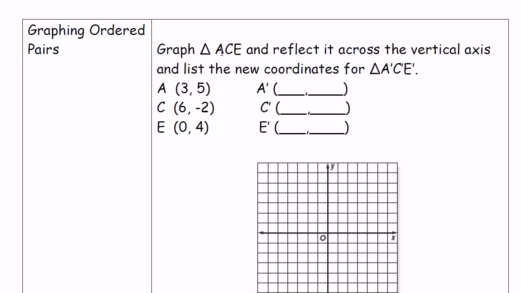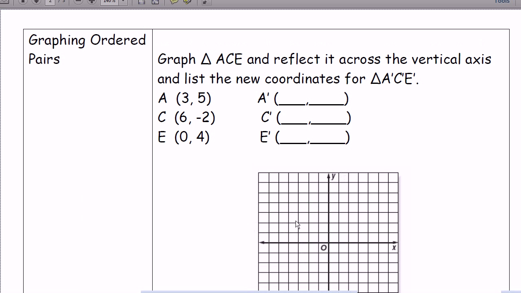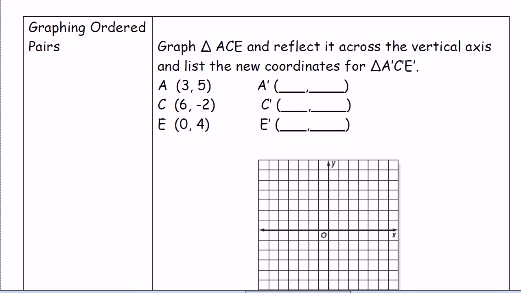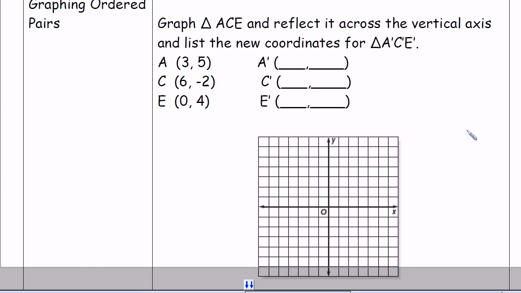It says here to graph triangle ACE and reflect it across the vertical axis, and then list the new coordinates for ACE. So let's go ahead and do that. A is going to be located here at 3, 5, so 3 to the right, and then up 1, 2, 3, 4, 5.